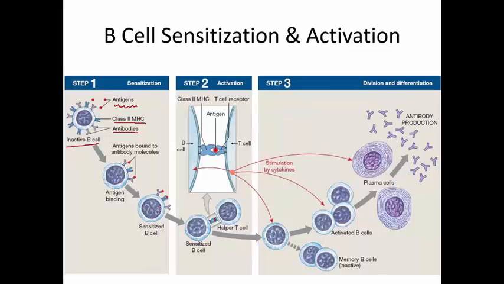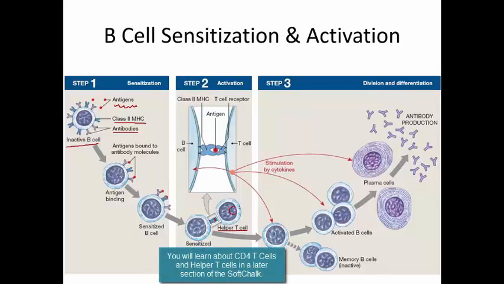In order for the B cell to be activated and to begin to differentiate into a cell that can create antibodies, it has to be helped by the helper T cell, which, remember, is that CD4 T cell from the last lecture.